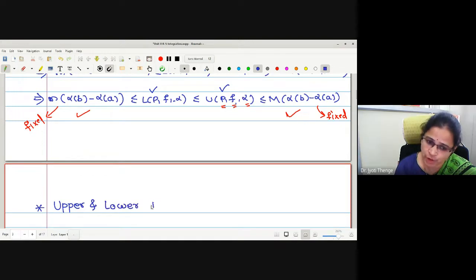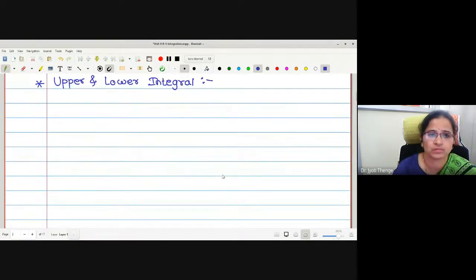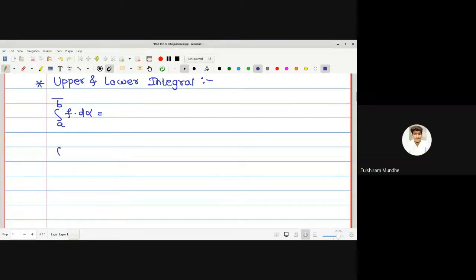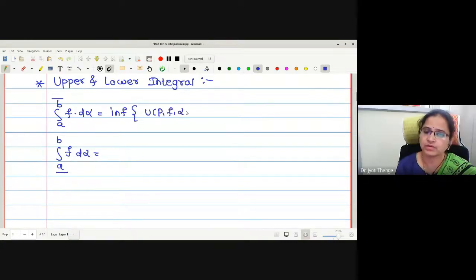What is the definition for the upper integral? The symbol is a to b, upper bar, of d alpha, no? What is the definition? Infimum of UPF alpha. Very good.